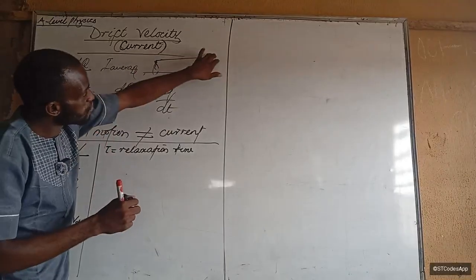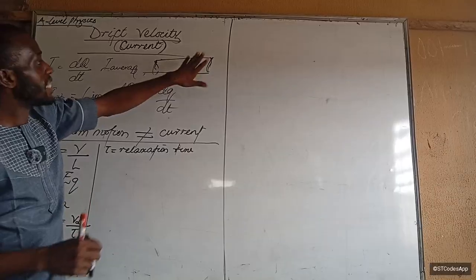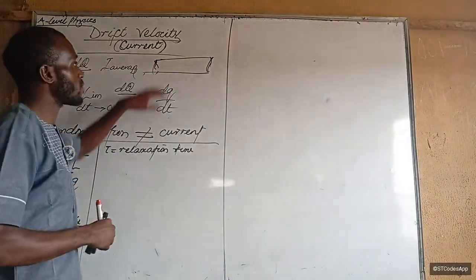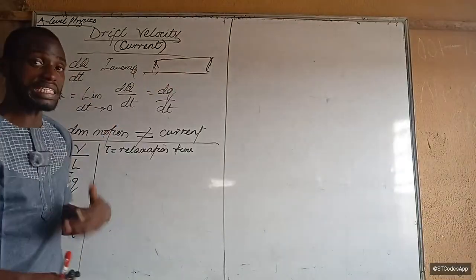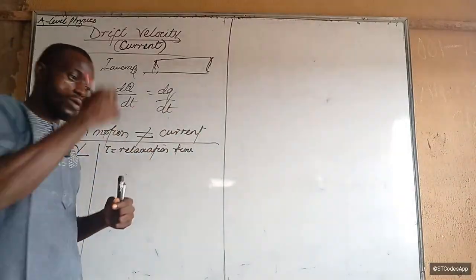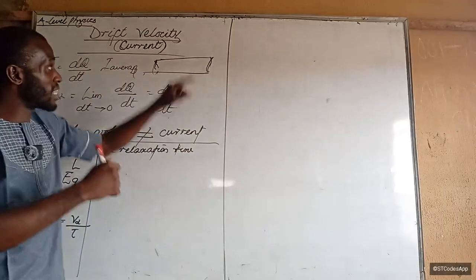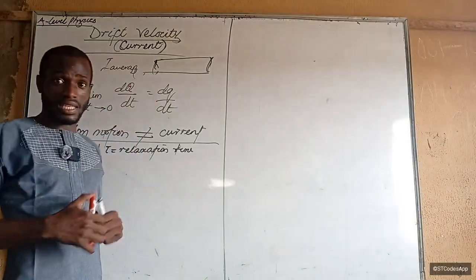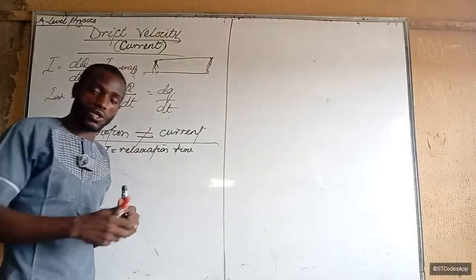If I take this lattice structure, the electrons that are here, the charge carriers, the way they move is such that they are colliding with the lattice structure of the metal itself, that is the conductor that they make up. They are colliding with those structures.